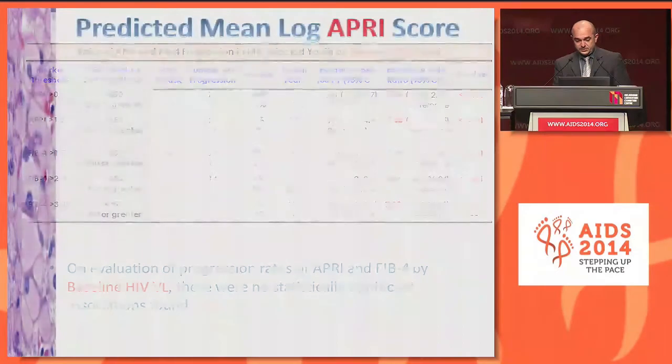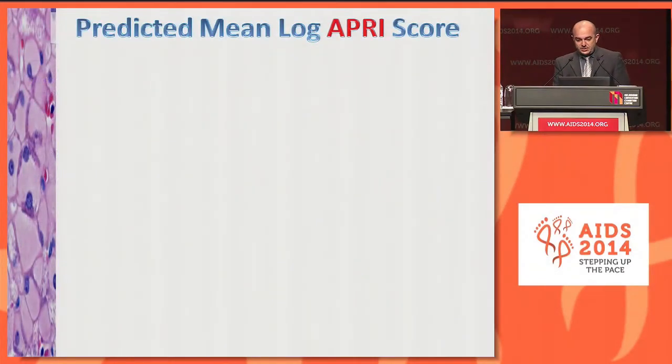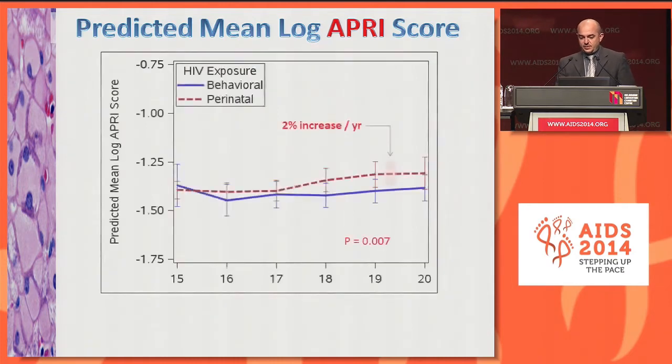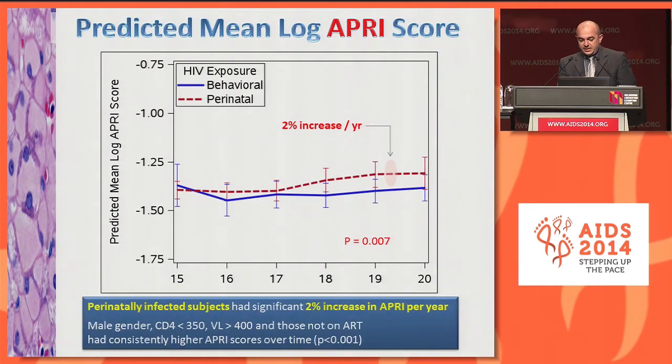On evaluation of progression rates of these markers by baseline HIV viral load, again, there were no statistically significant associations. Switching gears finally to the repeated measures analysis, for the mean log APRI score, we noted a modest but statistically significant 2% increase per year among only the perinatals across the 15 to 20 year age group. And male gender, low CD4, detectable viral load, and not being on ART had consistently higher APRI scores over time.